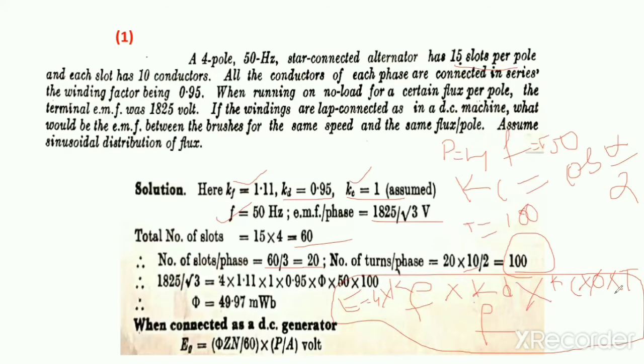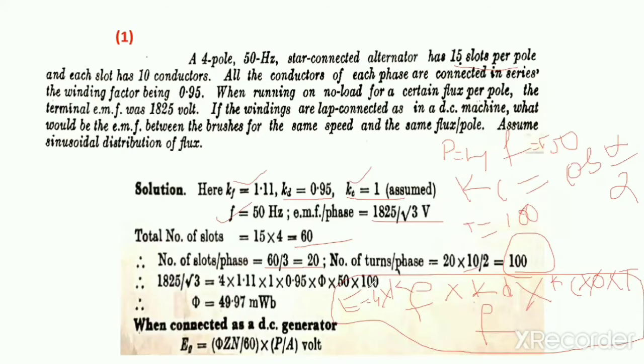There is no given flux, therefore that is the term to be determined, and the EMF is given. The EMF per phase is equal to 1825 by root 3. Substituting, 1825 by root 3 is equal to 4 into 1.11 into 0.95 into 1 into phi, the term to be determined, into number of turns 100 into F, the supply frequency, equal to 50.